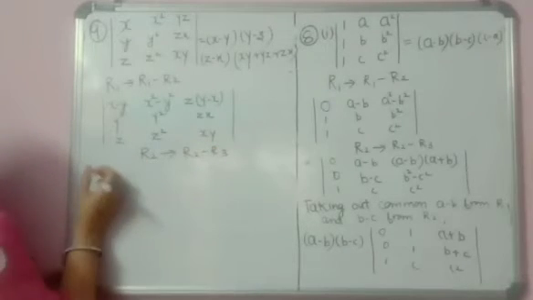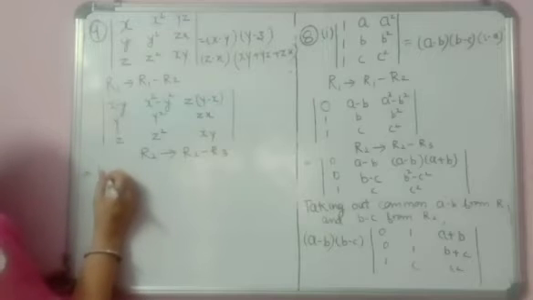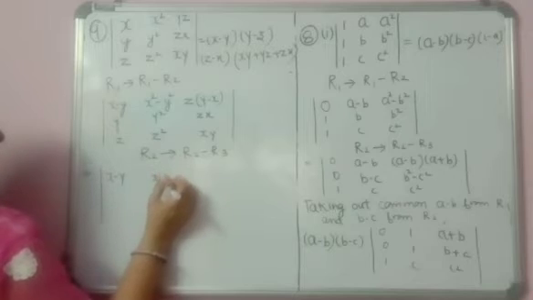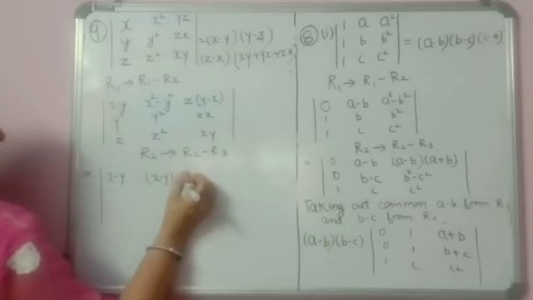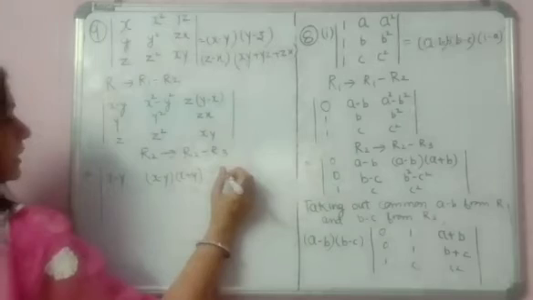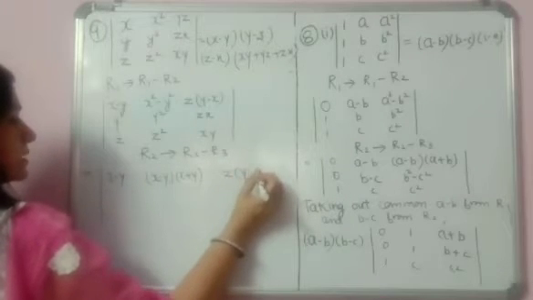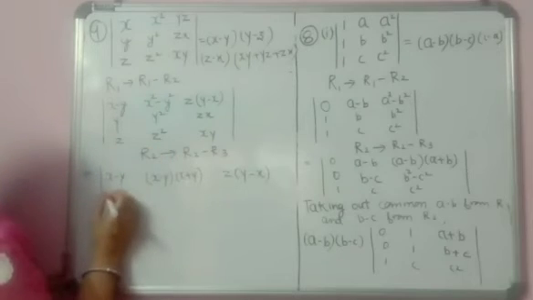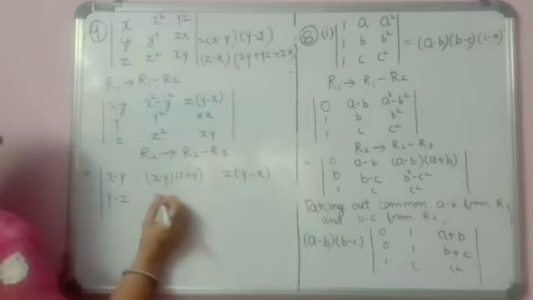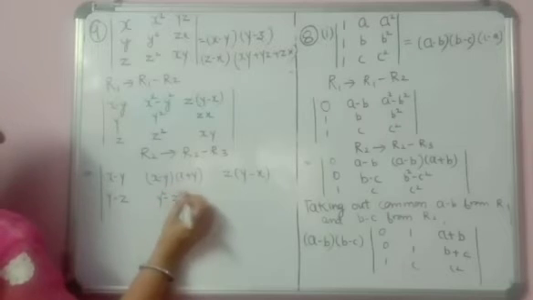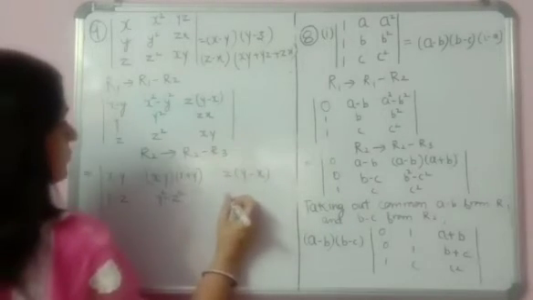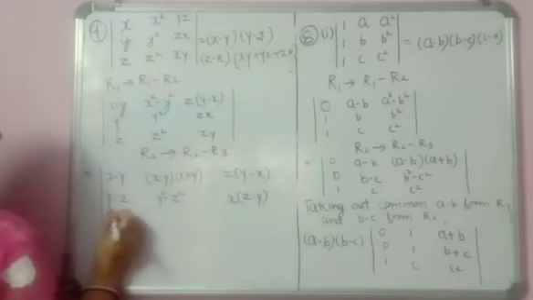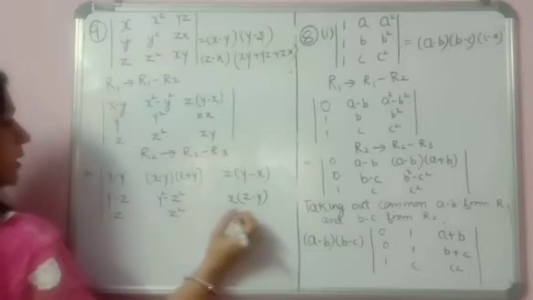So it is equal to x minus y, x square minus y square, which you can write as x minus y into x plus y, then z into y minus x, and for R2 it will now be y minus z, y square minus z square, and here you have common x and z minus y, then you have z square and xy.